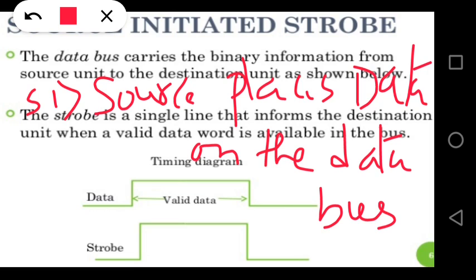For that reason, first this is active. Once it places the data on the data bus, then it sends a signal. The strobe is a single line that informs the destination unit when a valid data word is available in the bus.